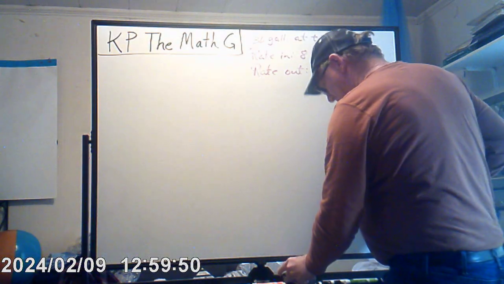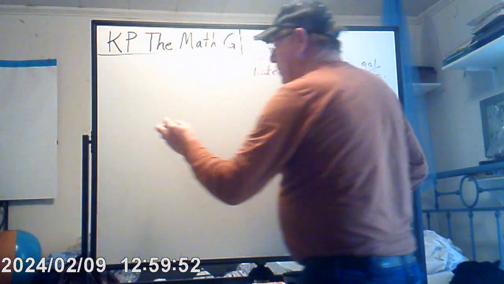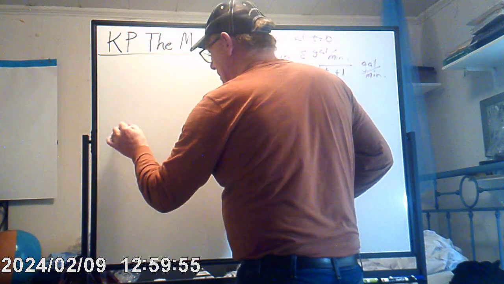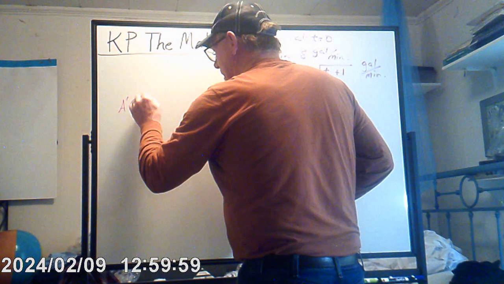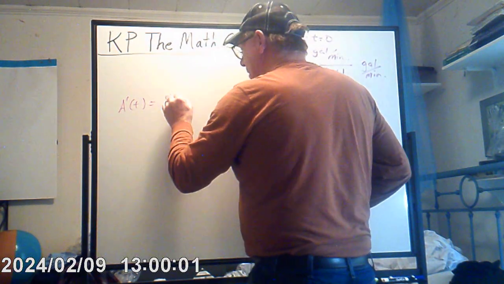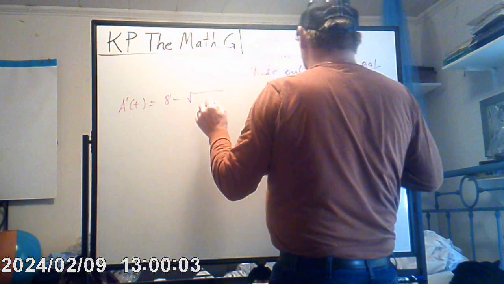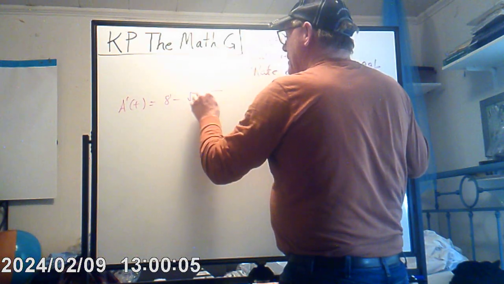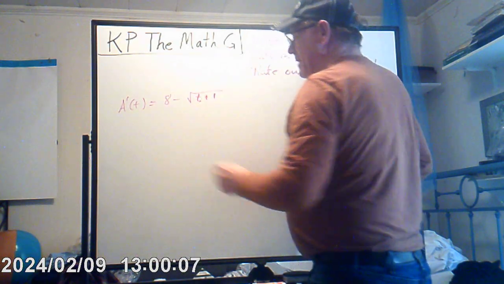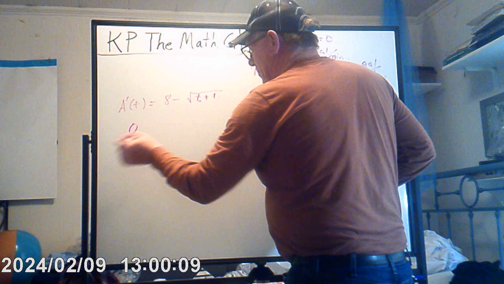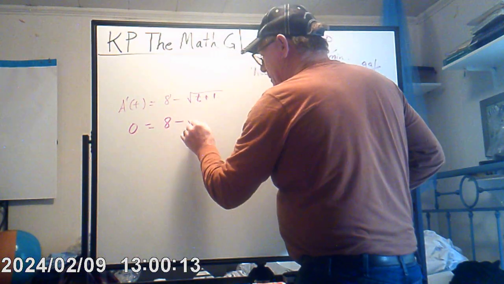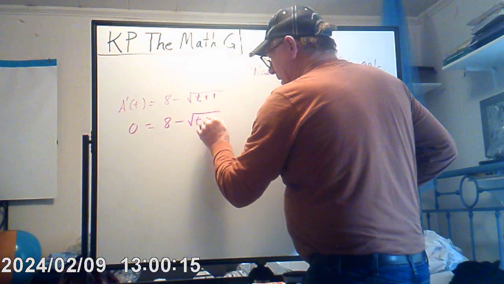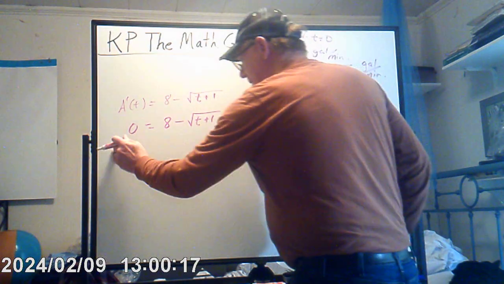So A prime at t, which we already said, is equal to 8 minus the square root of t plus 1. If we set A prime at t equal to 0, we get 8 minus the square root of t plus 1 is equal to 0.